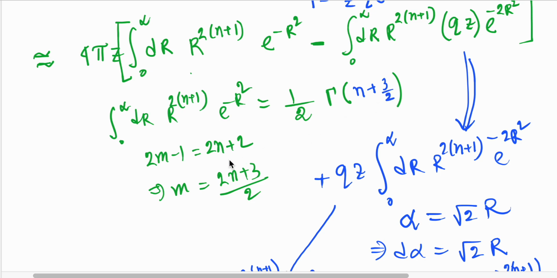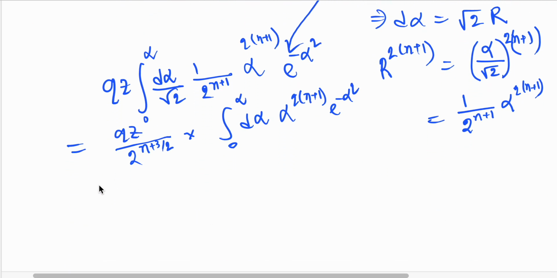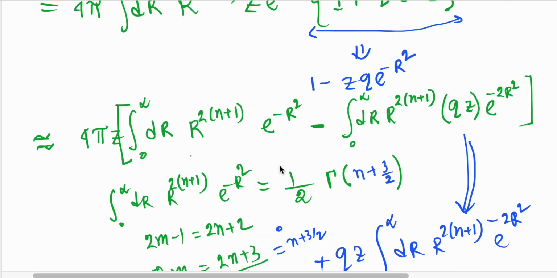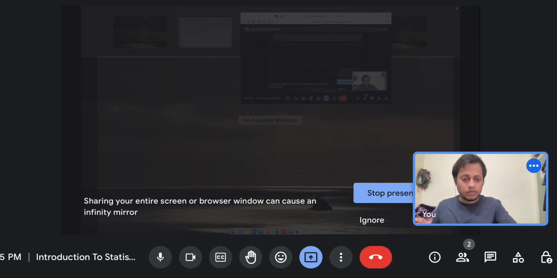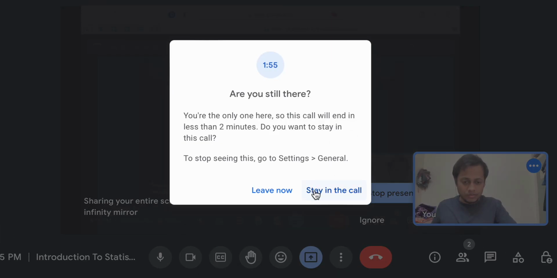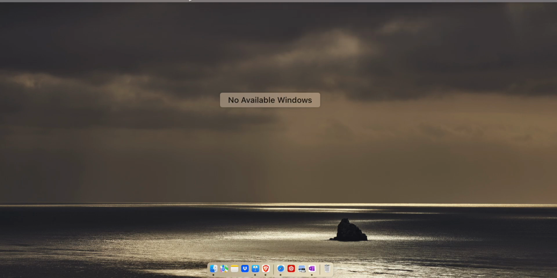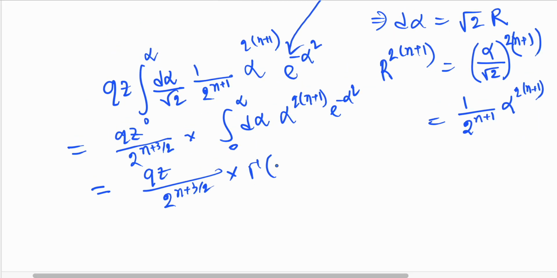So I am actually writing it as n plus 3 by 2, nothing else, I write it in this form. So this will be qz by 2 to the power n plus 3 by 2 into gamma n plus 3 by 2 by 2.